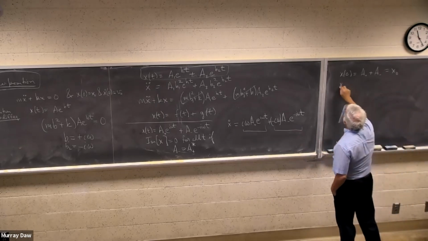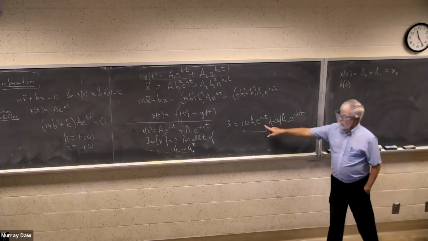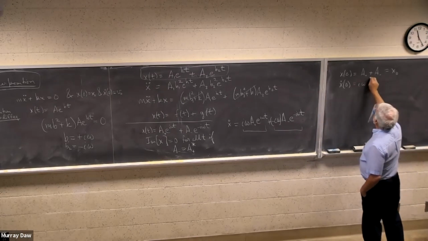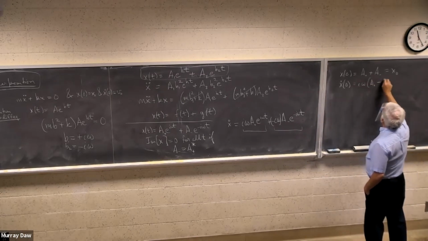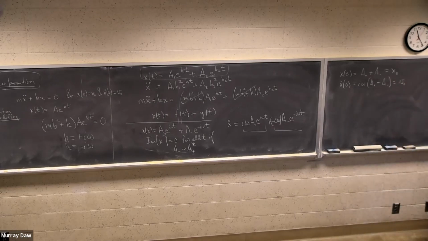Okay, so let's evaluate this at time 0. And these exponentials evaluate to 1 again. So I have i omega (A plus minus A minus) is the initial velocity. Okay, now we're going to solve for A plus and A minus.